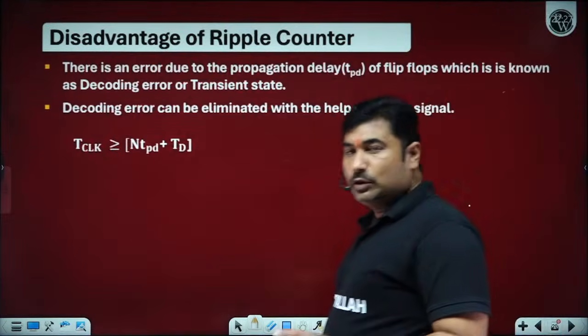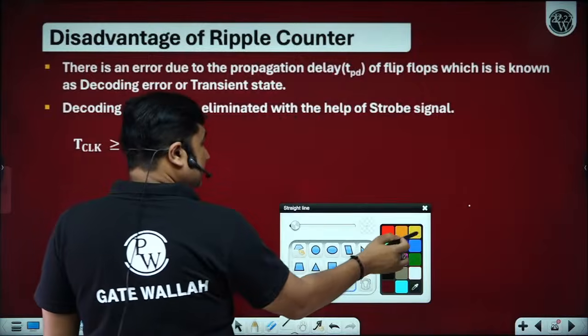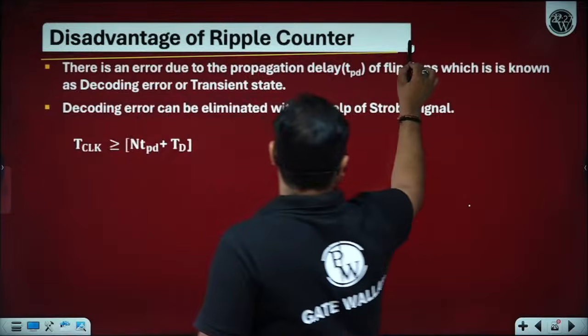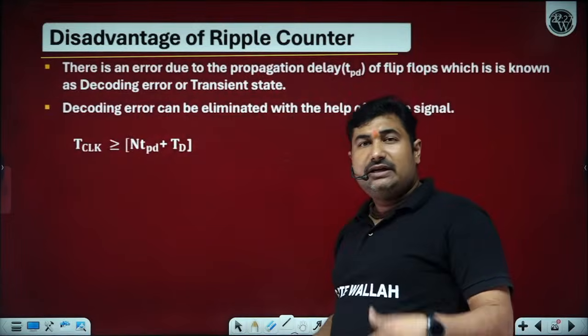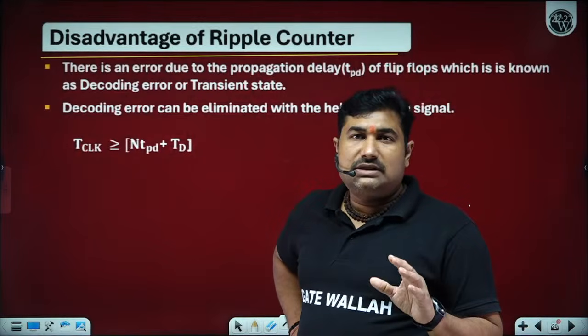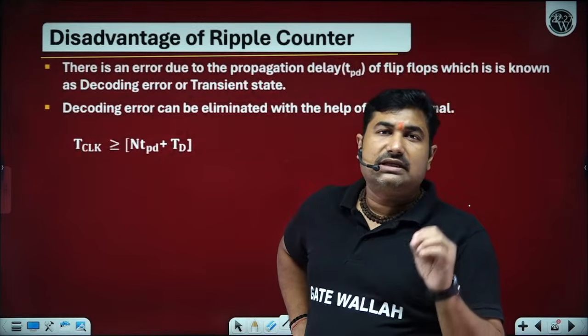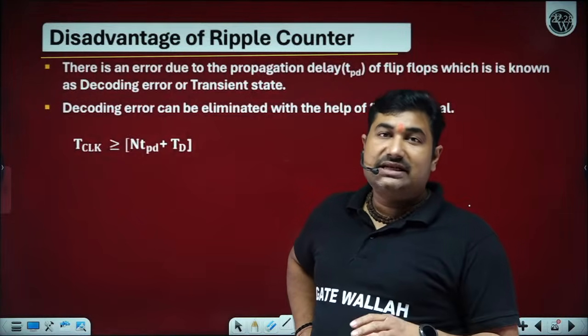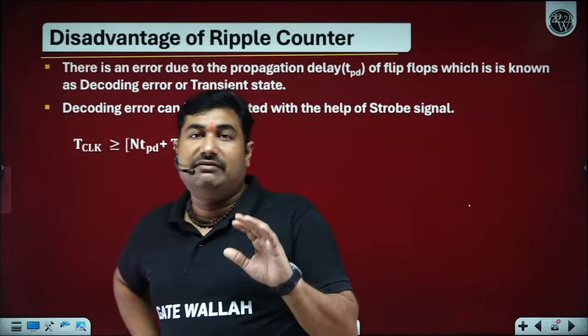So there is a decoding error. What is the disadvantage of the ripple counter? See, in asynchronous counters, we generally design only ripple counters, because for the rest of the counters, if we go with asynchronous, the design becomes difficult and very challenging, since each flip-flop will have a different clock.